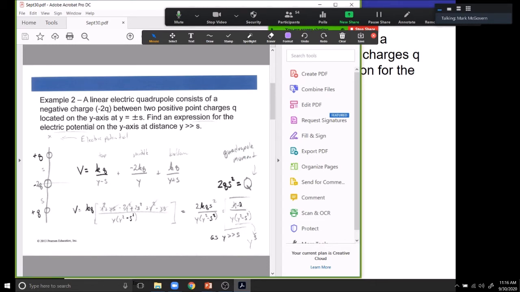And we end up with kq over what the common denominator was. If we let y get very, very large with respect to s, then the bottom just becomes y cubed, which is what we expect for any kind of dipole, quadrupole, any kind of poles you want to talk about. They always go as a y cube. So that's nice.